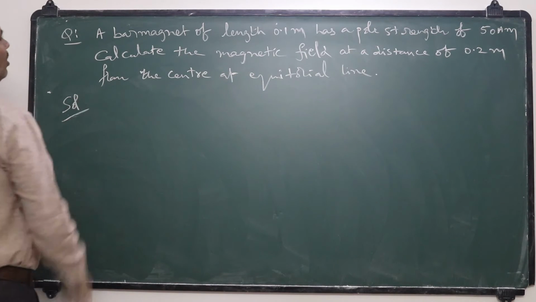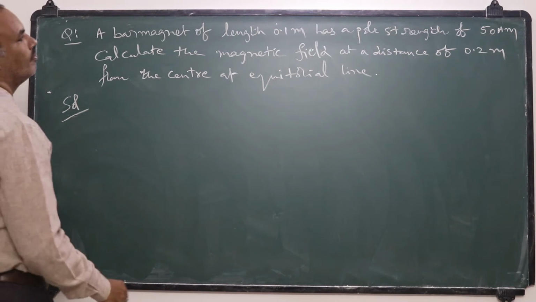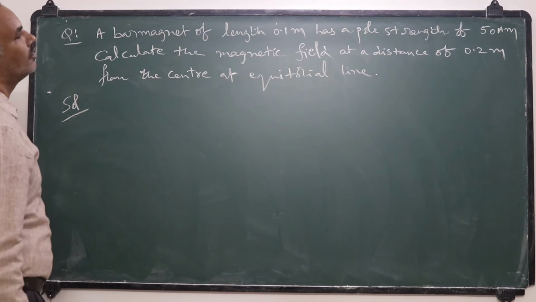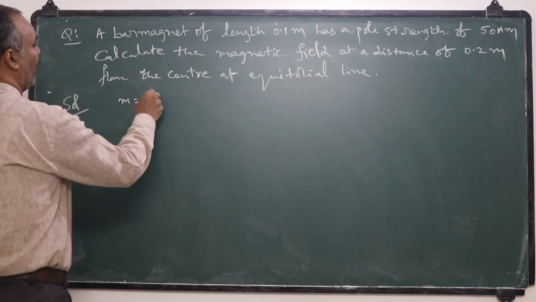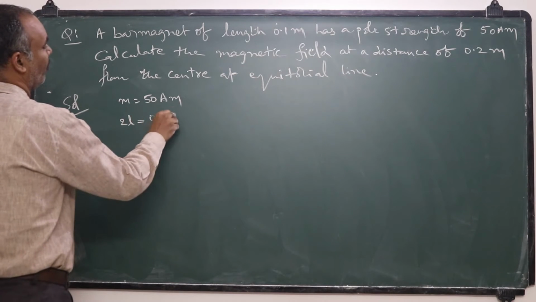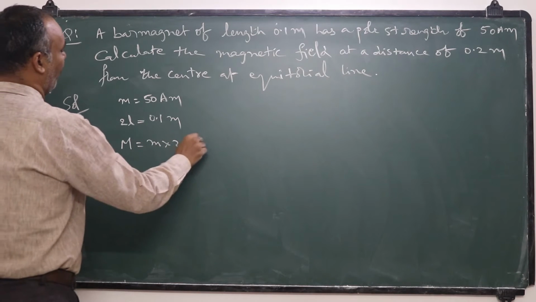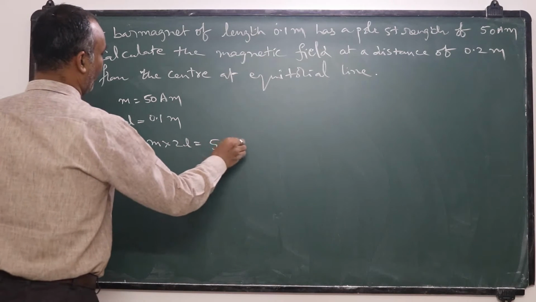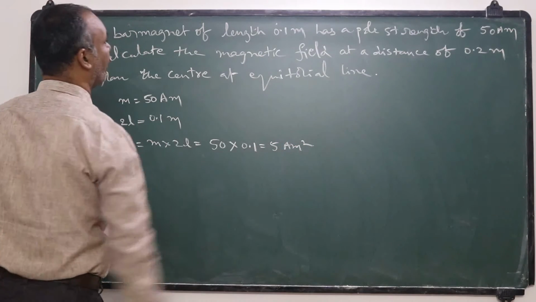As per the given data, the bar magnet has length 0.1 meters and a pole strength of 50 ampere meter. Then the magnetic moment is given by small m into 2l, that is 50 into 0.1, 5 ampere meter square.